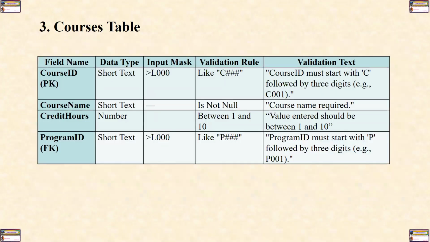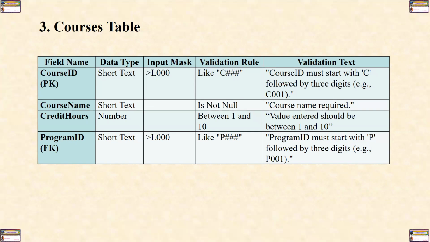Then we have also set the courses table, and the input mask, we have said it is greater than symbol, then L, then 003, meaning whatever is entered should be converted to uppercase, and should be formed by 3 characters or 3 numbers, and to guide the computer in knowing which letter it begins with, the C. So we have a validation rule like C followed by 3 hashes for the number.